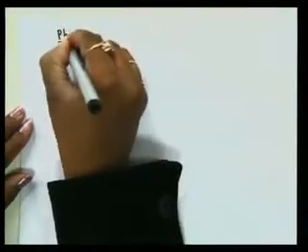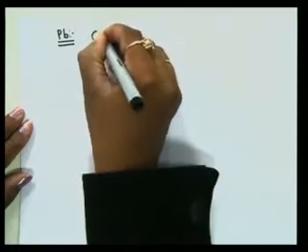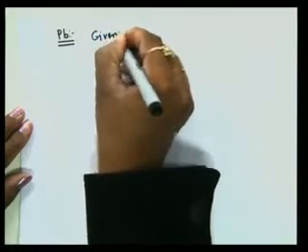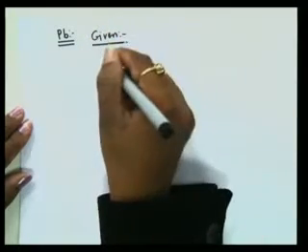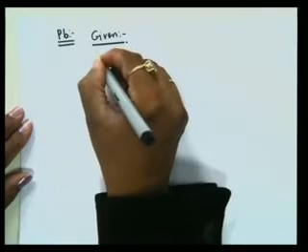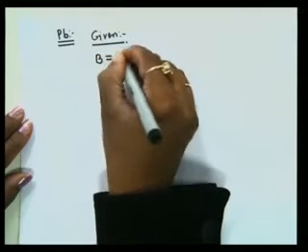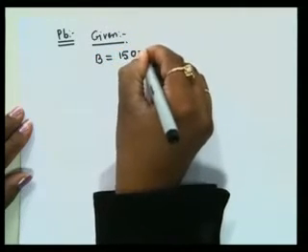So the problem is, we have got a rectangular beam, because I'm taking a rectangular section. I'm writing down what is given. Given is a rectangular beam having width 150 mm, so B is equal to 150 mm.